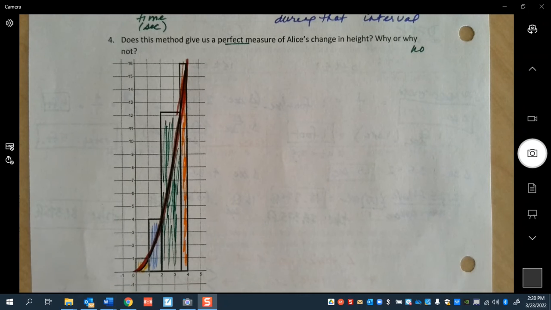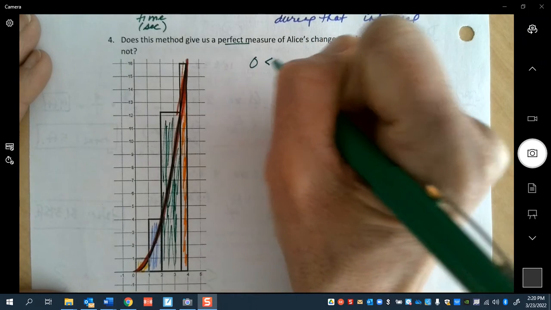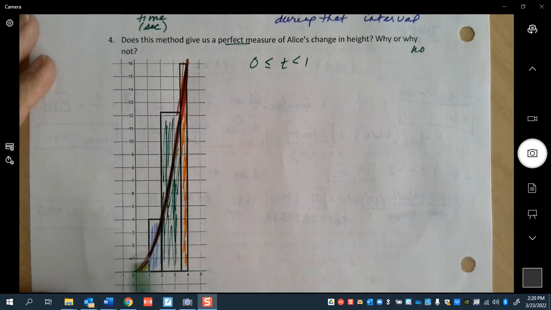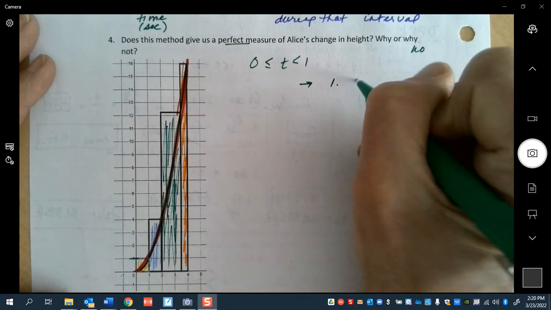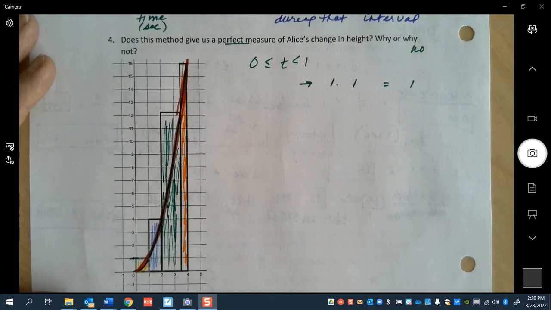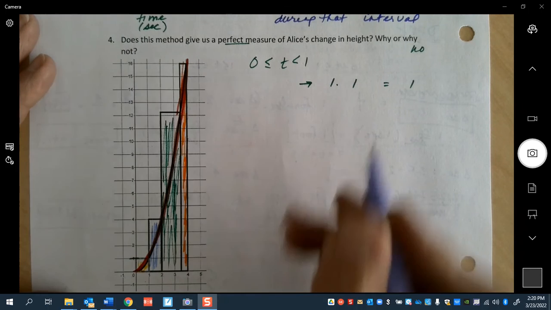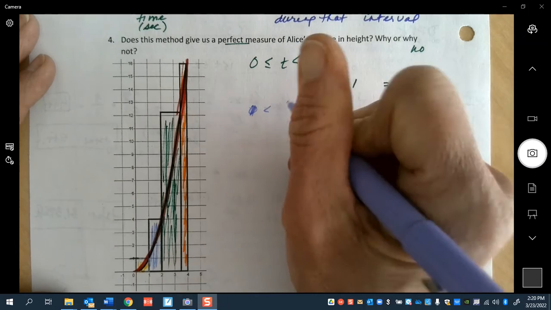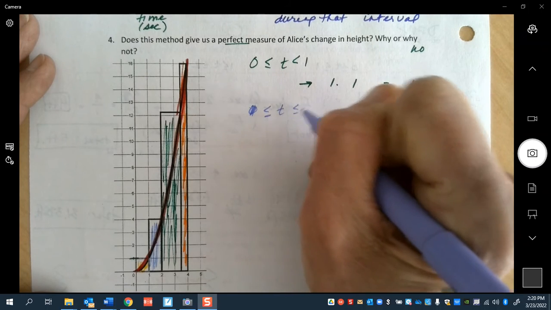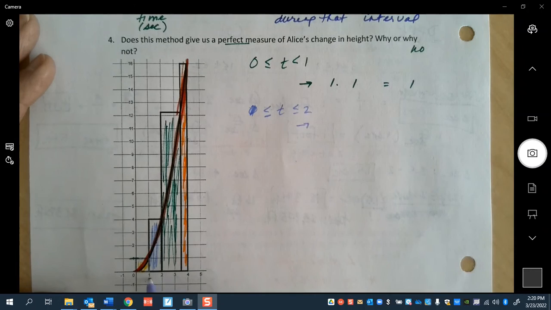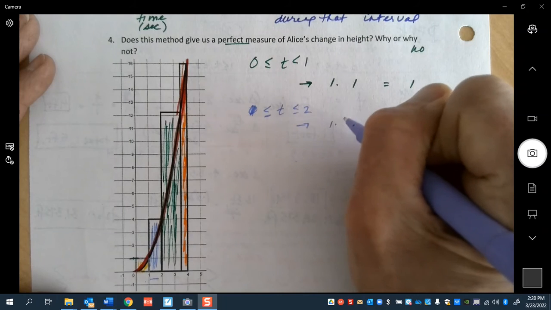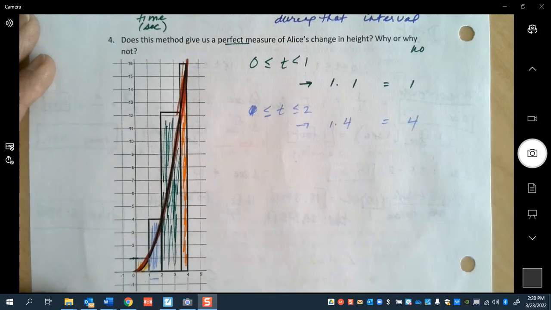But we can go ahead and we can say that if we estimate between 0 and 1, when I have 1 times 1, I get 1. Between 1 and 2, I have 1 times 1, 2, 3, 4. And I recognize there's 4.